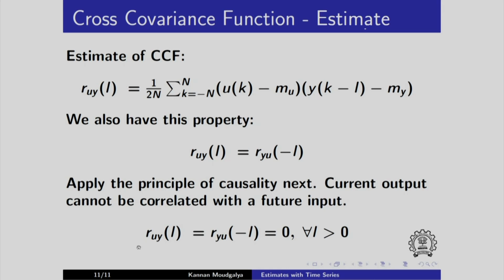So we have this important relation: r uy of L equals 0 for all L greater than 0, and that is because, as I mentioned earlier, when L is positive you are talking about the index of y being smaller than the index of u, which occurs first in this subscript.